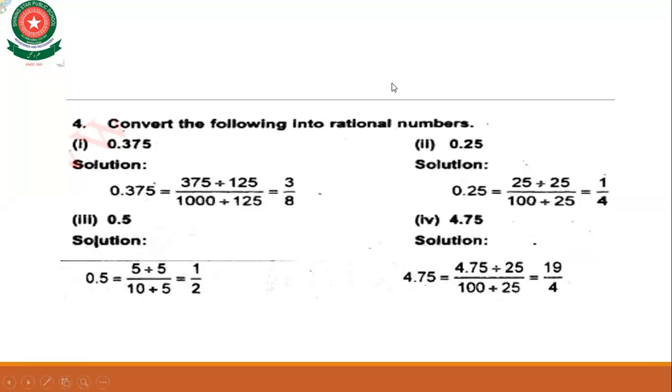So we put 3 zeros after 1 because there are 3 digits after the decimal point. Then we divide both numerator and denominator by 125. When we divide them by 125, the answer will be 3 by 8, which is equal to 0.375.